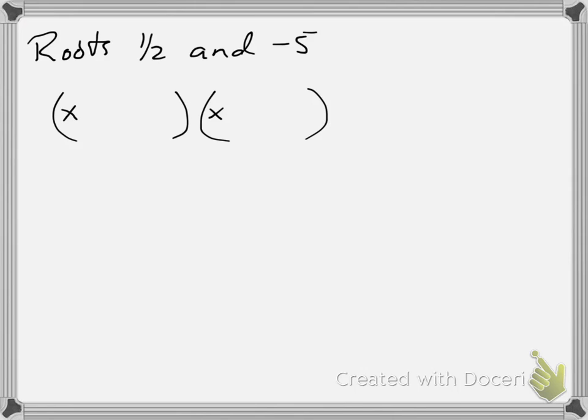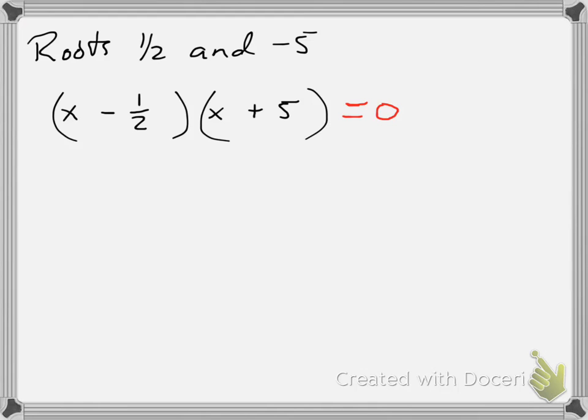And after the x's, you're going to write the opposite of each root. So one of our roots is 1/2. We're going to write -1/2. And the other root is -5. We are going to write +5. So in each parentheses, you're going to write the opposite of the roots.